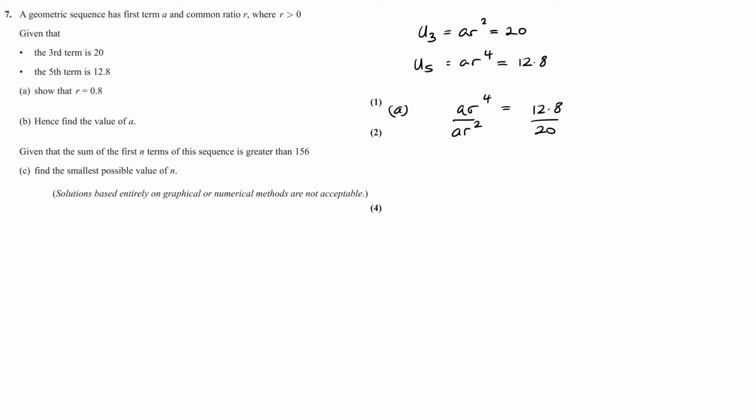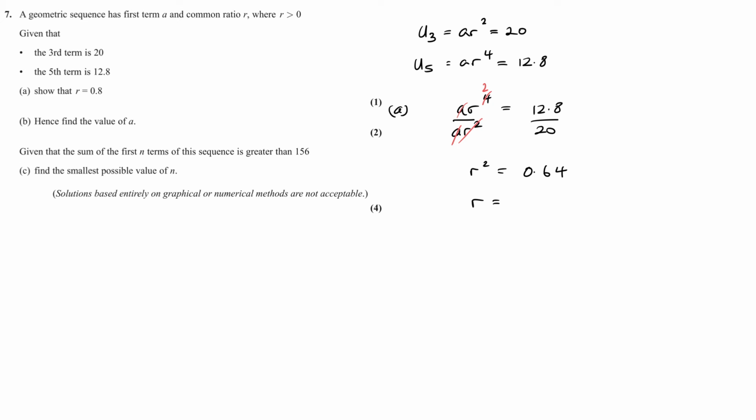So if we look here, the a's will cancel, and 2 r's will go with 2 from the top. So we're left here with r squared equals 0.64 as a decimal.